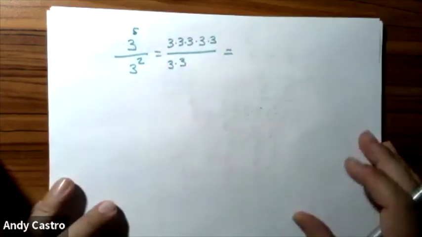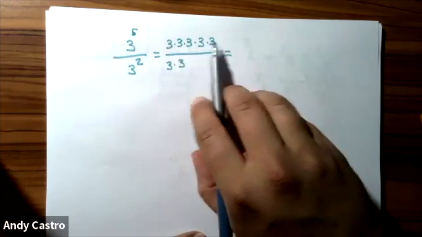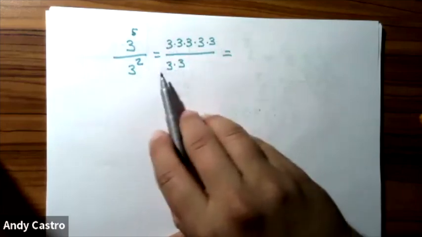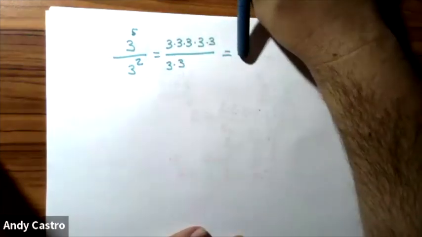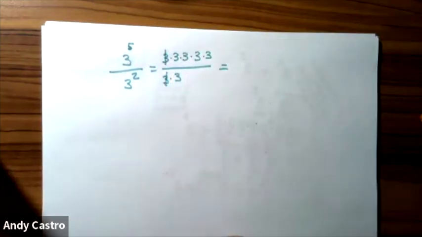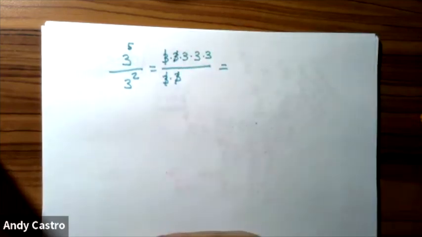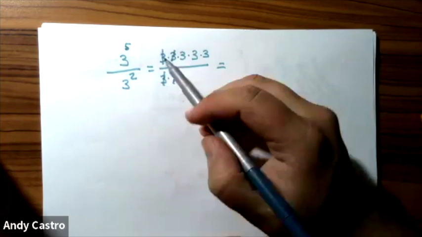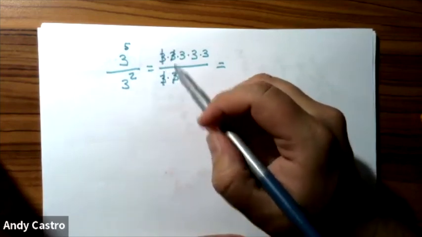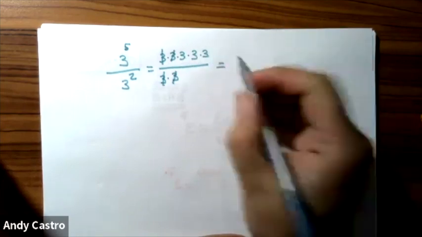Now we notice that we have 5 factors of 3 up here and 2 factors of 3 down here. What's interesting is that this 3 will cancel with this 3, and this 3 will cancel with this 3. So 3 over 3 is 1, times 3 over 3 is 1, times 3 times 3 times 3.